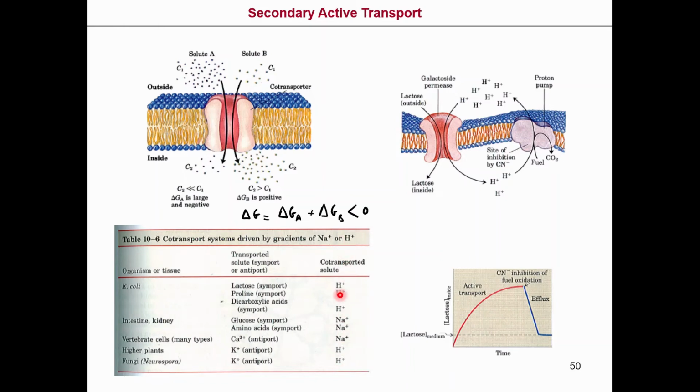So you have the co-transport solute and the transported solute. In this case, we have a symport because it's in the same direction, but you can also have an antiport. So it means that the solutes are transported in the opposite direction.